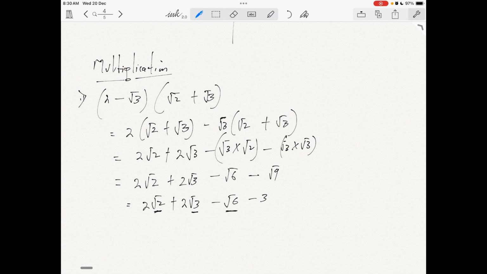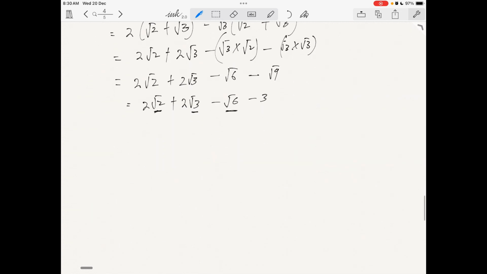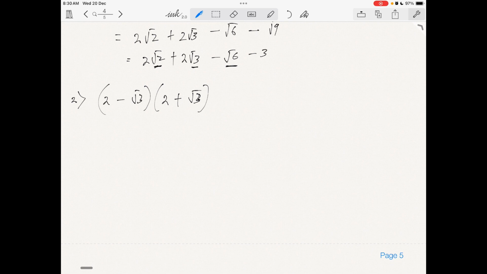So now what happens when we multiply a surd and its conjugate together? Let's take for instance 2 minus root 3, and the conjugate of 2 minus root 3 is 2 plus root 3. As usual, we multiply out like normal multiplication.